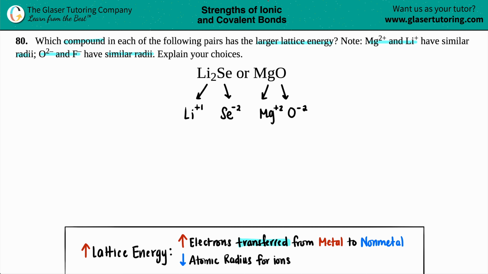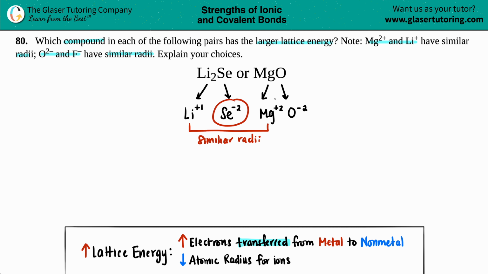So between this lithium and this magnesium, they have similar radii, so I can't really make any assumptions about these in order of increasing or decreasing lattice energy.